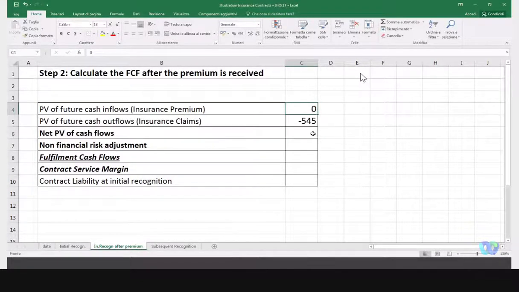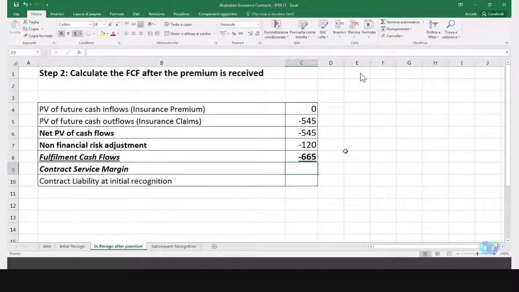The net present value of future cash flows in this moment is the sum of both. That means that the net present value of future cash flows after receiving the premium is minus 545. What is the non-financial risk adjustment? Remember, it was minus 120. That means that after receiving the premium, the fulfillment cash flows are equal in this moment to 665 cash units.